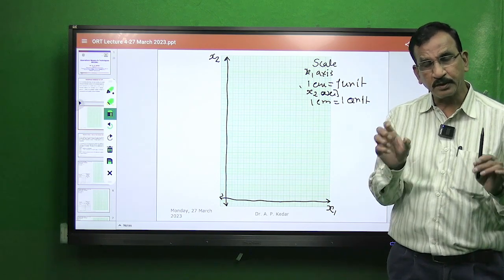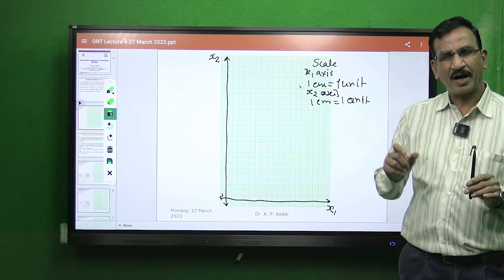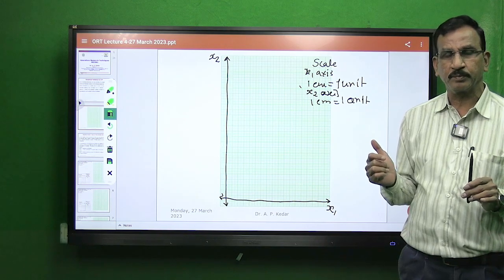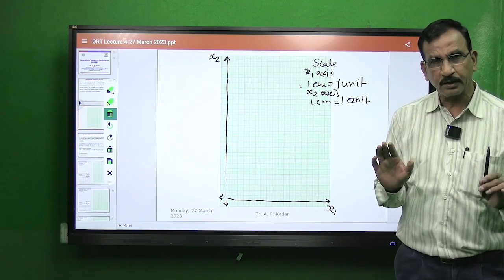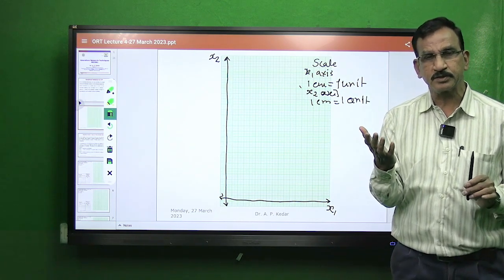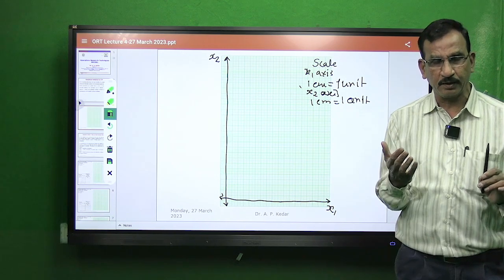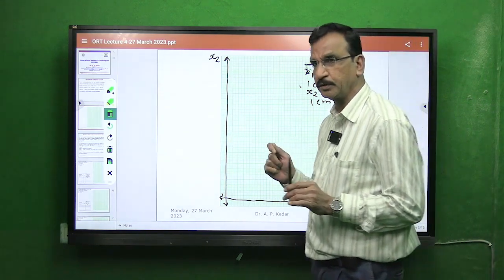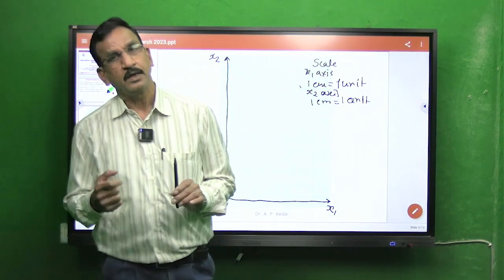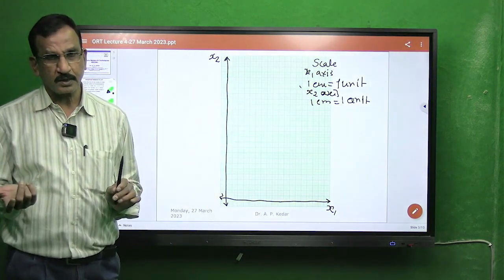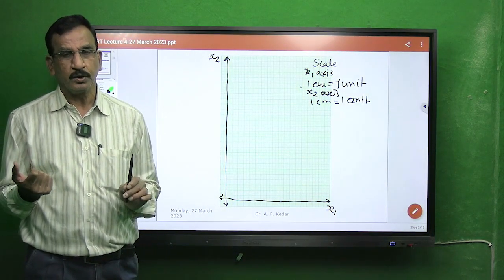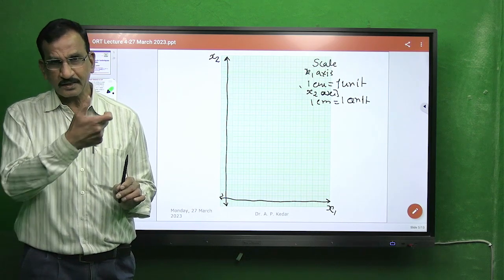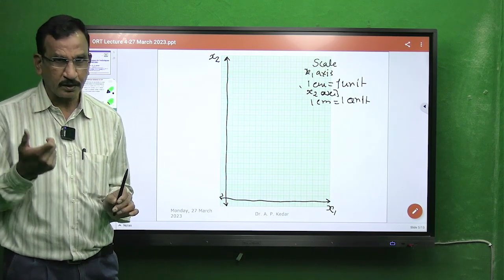Students, remember, in real life you will hardly come across a 2 variable problem. In real life there will be multiple decision variables in day-to-day life, and for that you have to use an analytical method only. Nowadays modern software is available to rescue you from these lengthy, iterative calculations of the mathematical model.